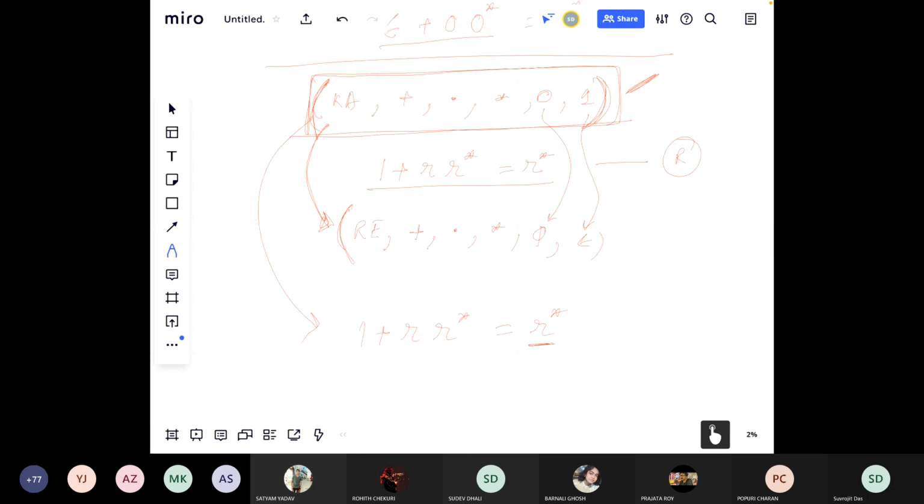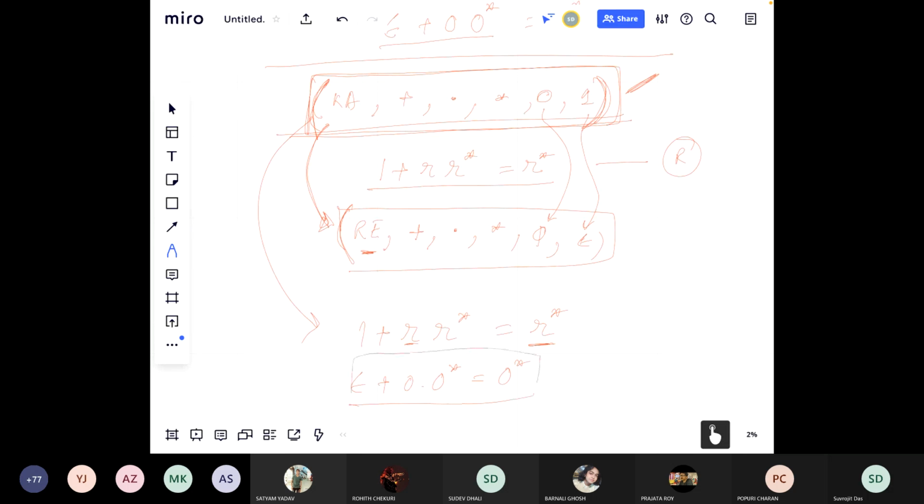Now, if we have that algebra embedded in our algebra, and we represent 1 with epsilon and 0 with phi, the 1 of the algebra is epsilon in our regular expression algebra. Then we can say epsilon plus 0 followed by 0 star, where we replace r with 0, becomes 0 star.